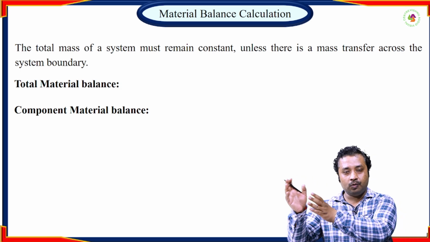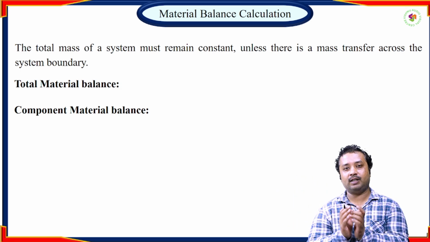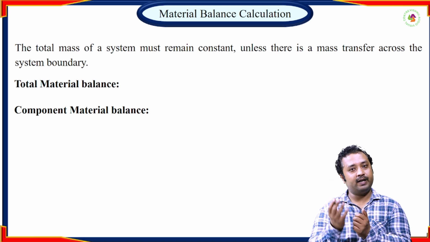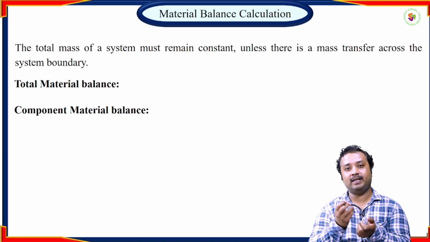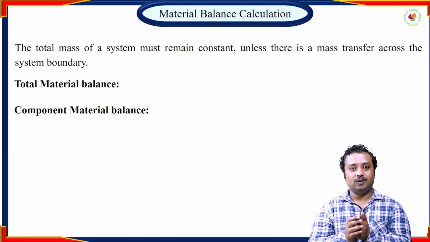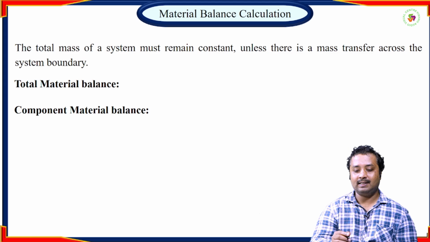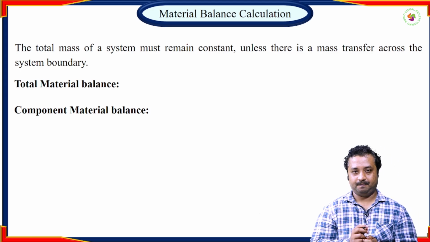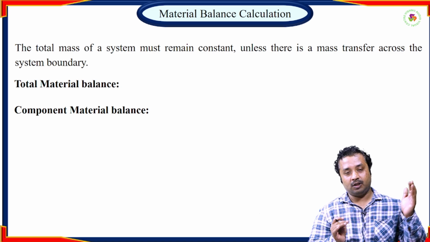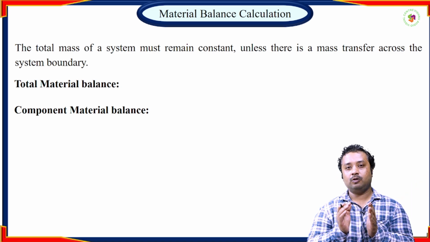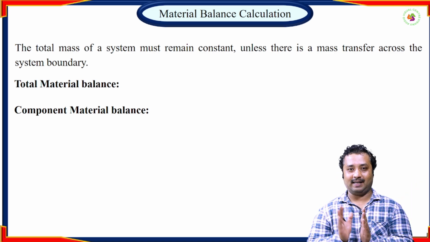Some material will go to product, some will be accumulated, some will evaporate, some will be consumed during reaction, and some extra material will be generated. So whatever the total mass is, we have to take care of it, unless there is a mass transfer across the system. Within the system the mass should be constant. The net inflow of mass should be equal to the net outflow of mass.